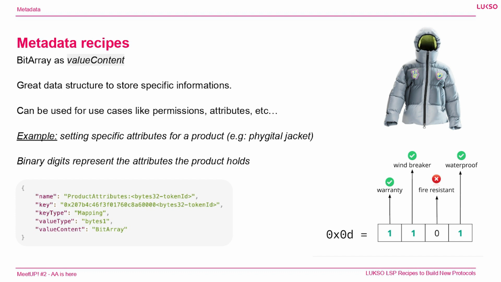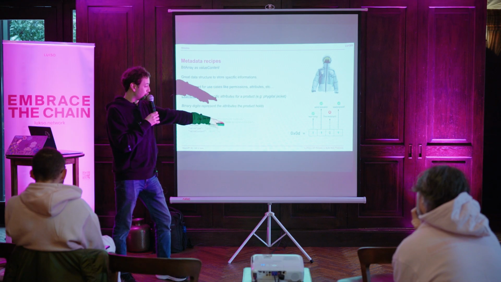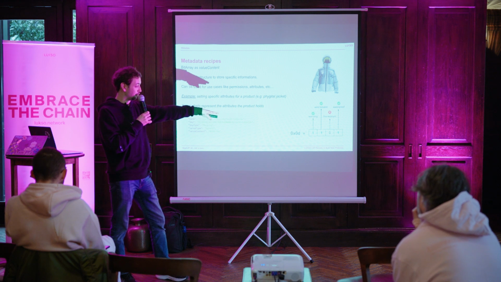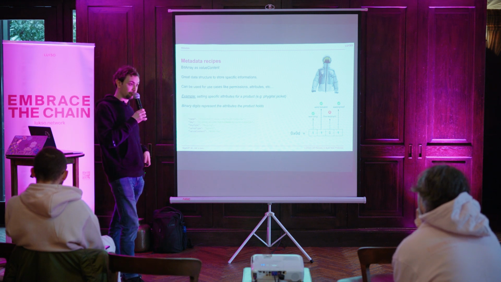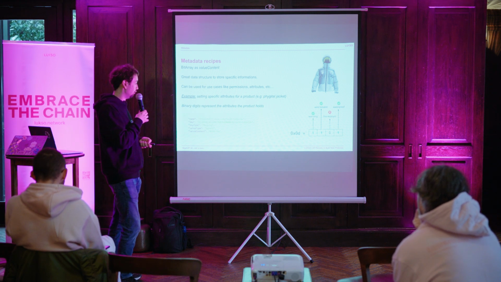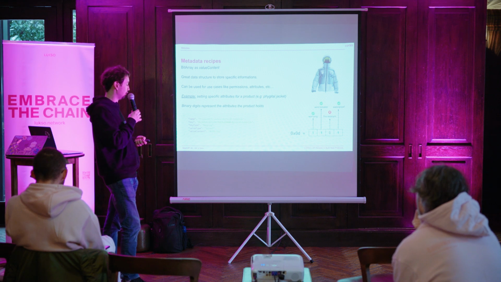We can say this jacket is waterproof, windbreaker, and has also a warranty attached to it if anything happens. And you can just simply use the binary representation of a value and any bit set under the hood. So here 0x0D in binary will be 1101. Any bit set will represent an attribute of the jacket.